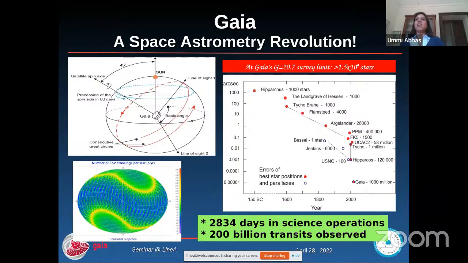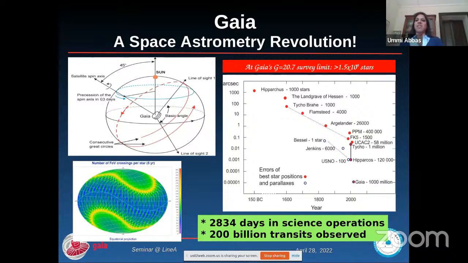When I talk about the revolution, here on the right we can see the different astrometric space missions, for example the Hipparcos mission, which was the predecessor and had a milliarcsecond precision. With Gaia, at the end of the mission we are expecting of the order of 10 microarcsecond precision.